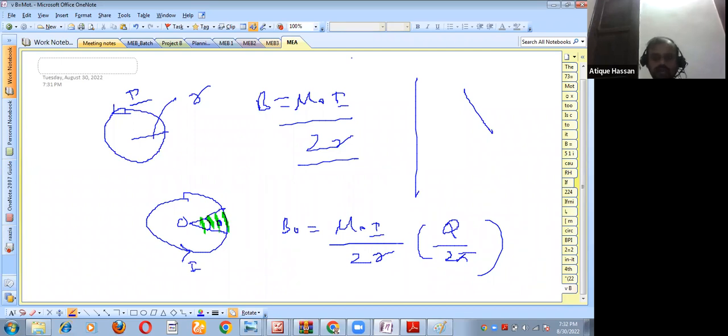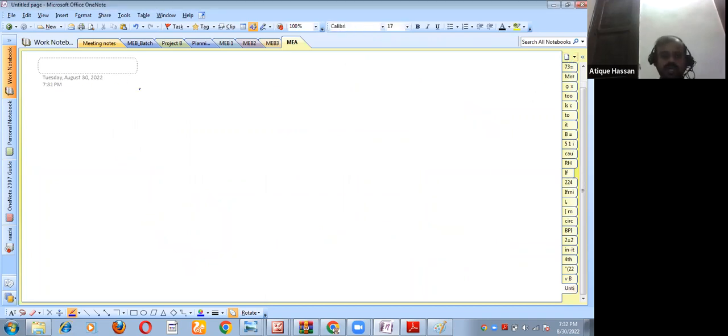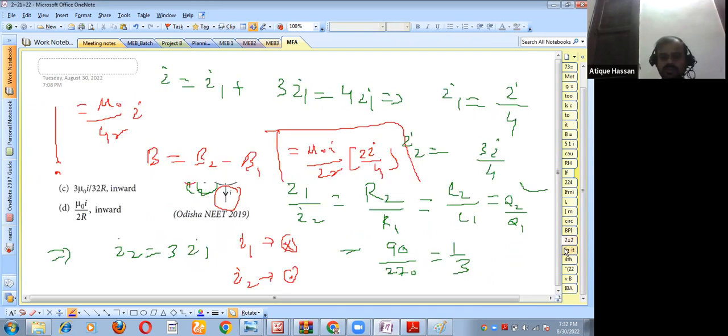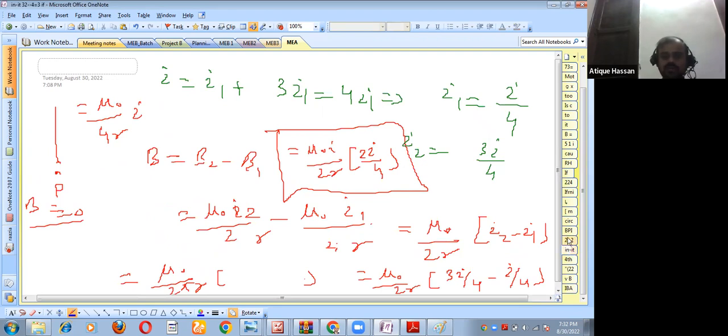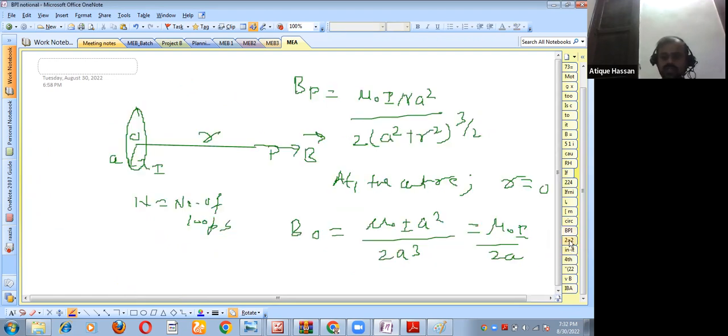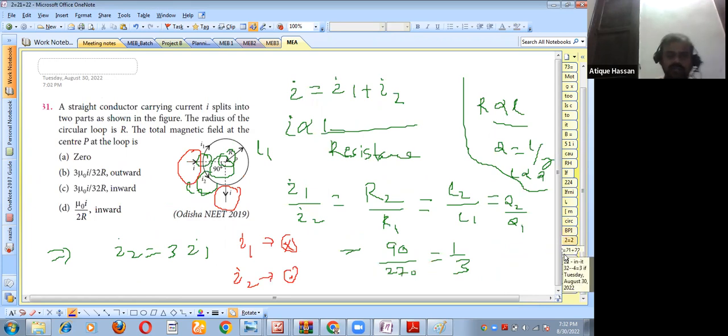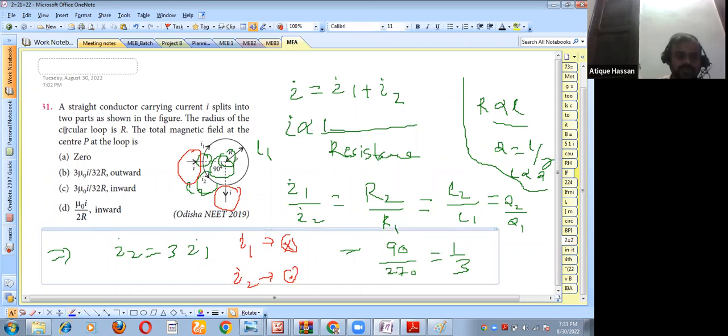So coming back to that question, we have found B equal to B2 minus B1, right? You see here, B2 minus B1, and B2 was with I2 and I1. I will copy this question again.